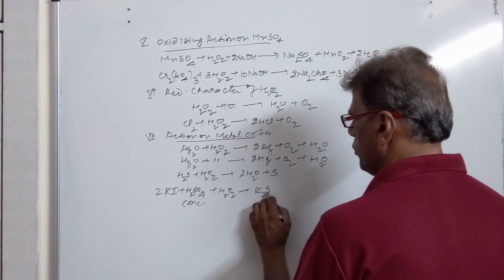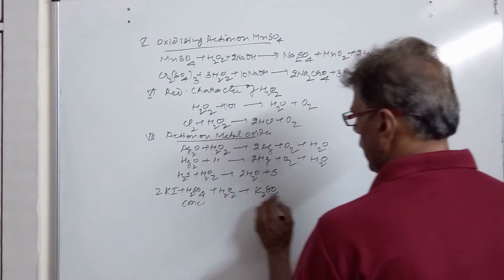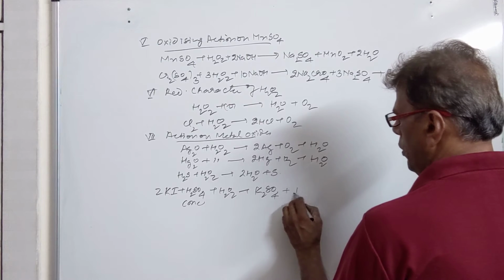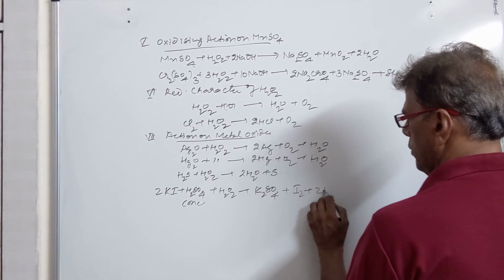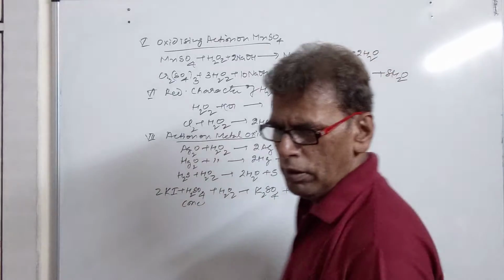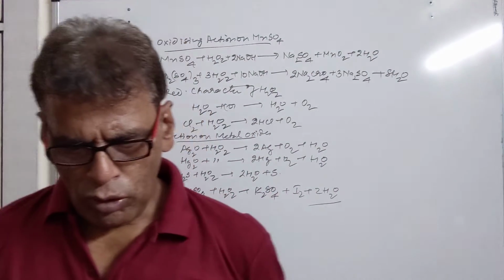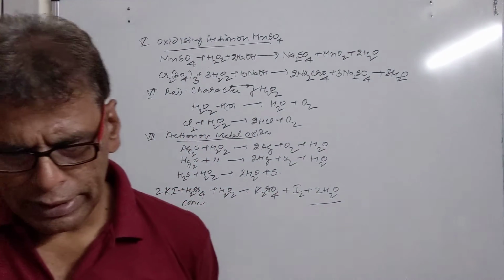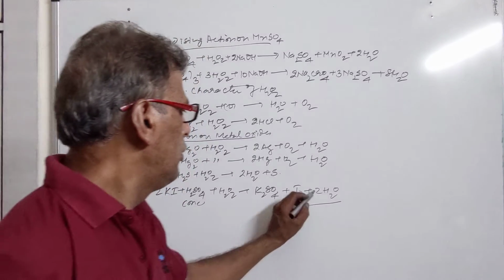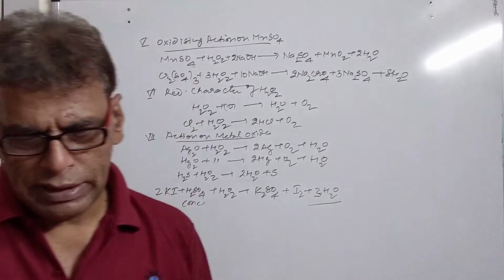We get K2SO4, iodine gas, 2H2O. So this is the action on your potassium iodide: K2SO4, 3 water plus iodine gas is obtained during this reaction.